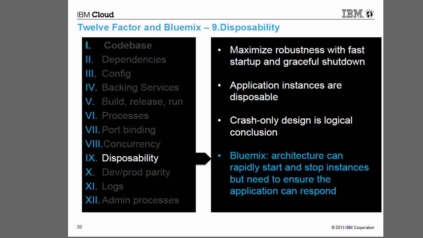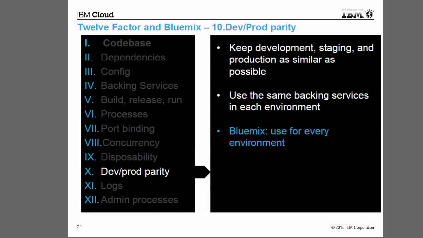What Bluemix helps you with in this case is that the Bluemix architecture is designed in such a way that it can rapidly start and stop instances, but also ensures that the application can respond at the same time when there is a problem with the instance it is running on, or a long-holding process. It releases it and starts again, doing it very gracefully for the application and for the end user.